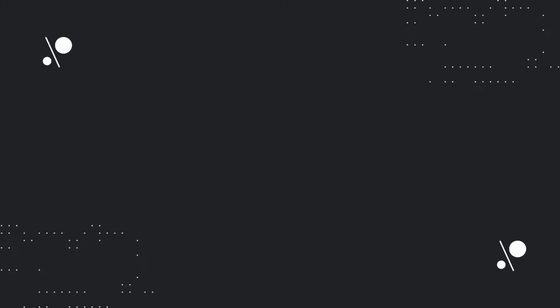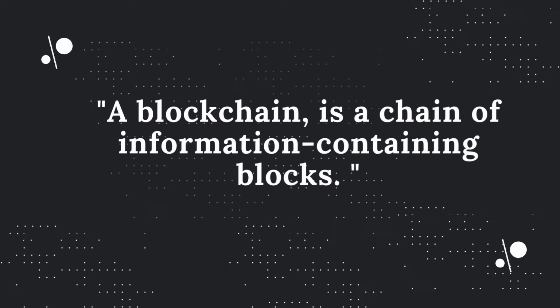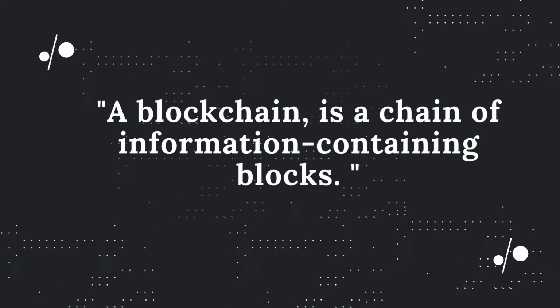Now let's talk about blockchain and hashing. How do these two systems work together in the cryptocurrency system? A blockchain, as the name suggests, is a chain of information-containing blocks. This technique was first described by a group of researchers in 1991.